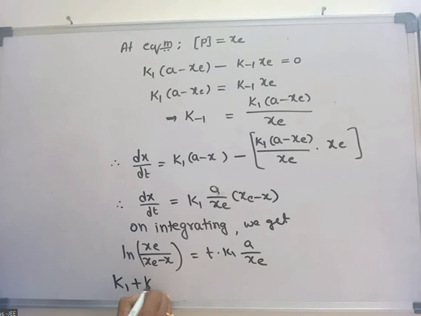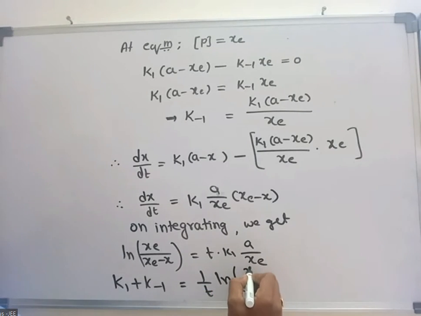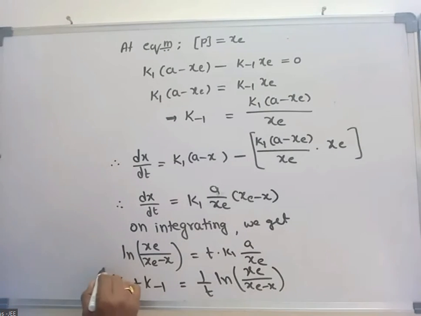K1 plus K minus 1 equal to 1 by t into ln of Xe by (Xe minus X).